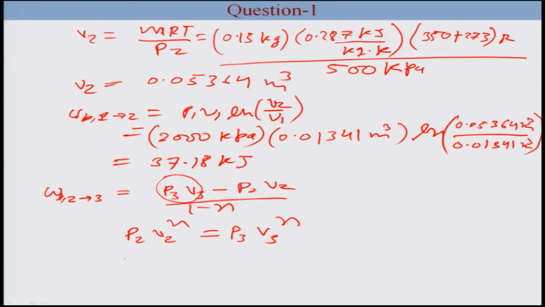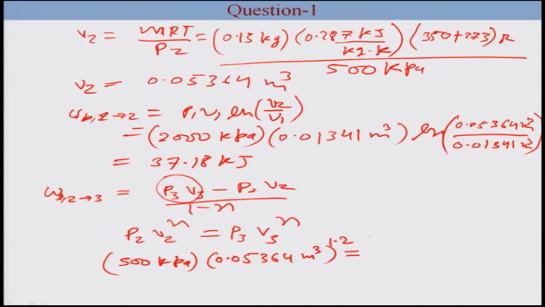We know P2 is 500 kilopascal, V2 is 0.05364 meter cube, and the polytropic exponent 1.2 is given to us.